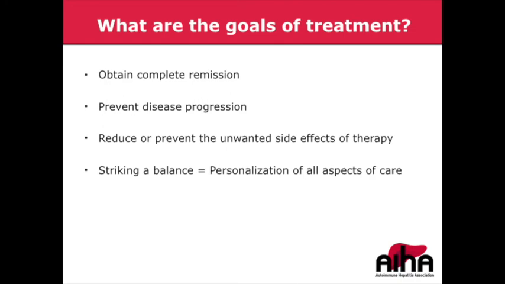In addition to this, we want to reduce and prevent the unwanted side effects of medicines, which oftentimes are lifelong or used indefinitely. So that's another mission statement. And finally, because of the complexity of care and the variability from case to case, we really have to strike a balance and truly personalize our approach in terms of treatment, monitoring, on a case-by-case basis. So it's really a highly personalized approach, pretty much in every case that I've ever seen.